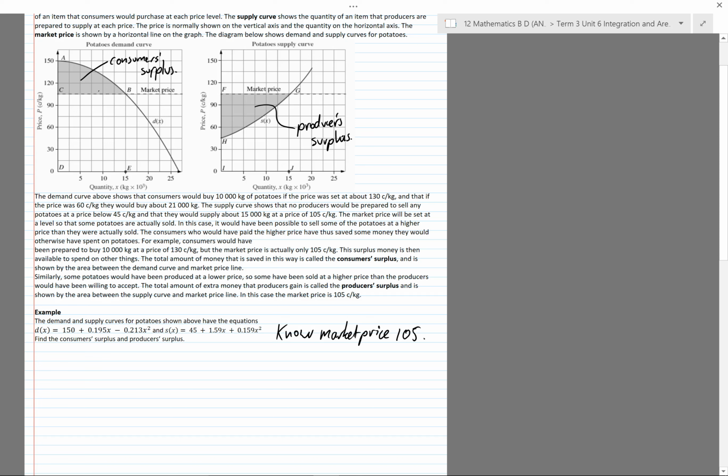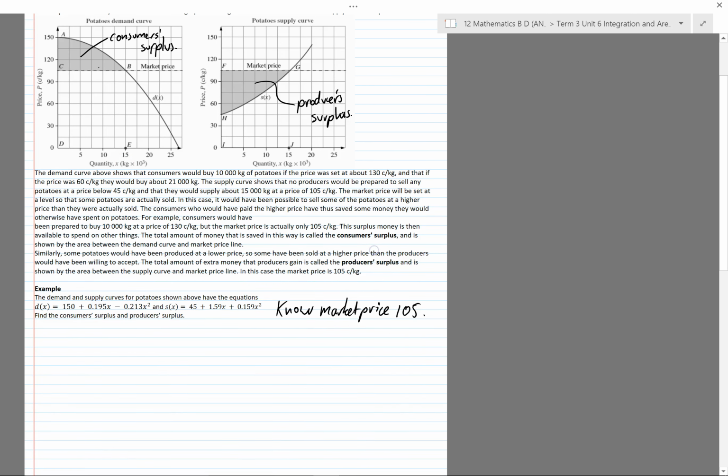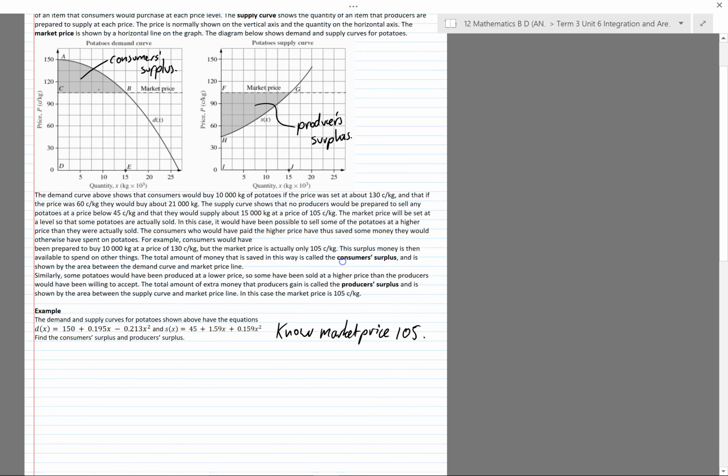I also know that the quantity demanded for $105 is 15. So to find the consumer surplus, I'm looking for the shaded area, so between 0 and 15 of the demand curve minus the market price.